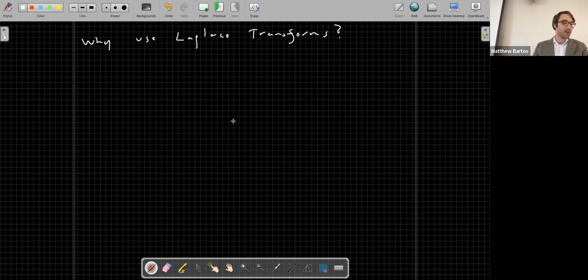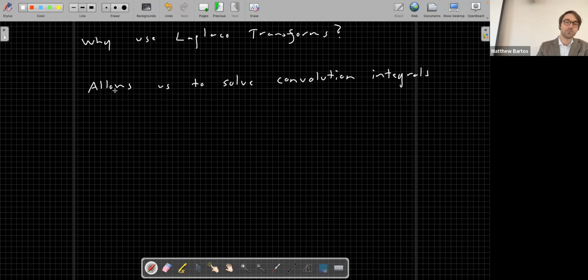Okay, so why use Laplace transforms? It allows us to solve convolution integrals as simple multiplication problems.